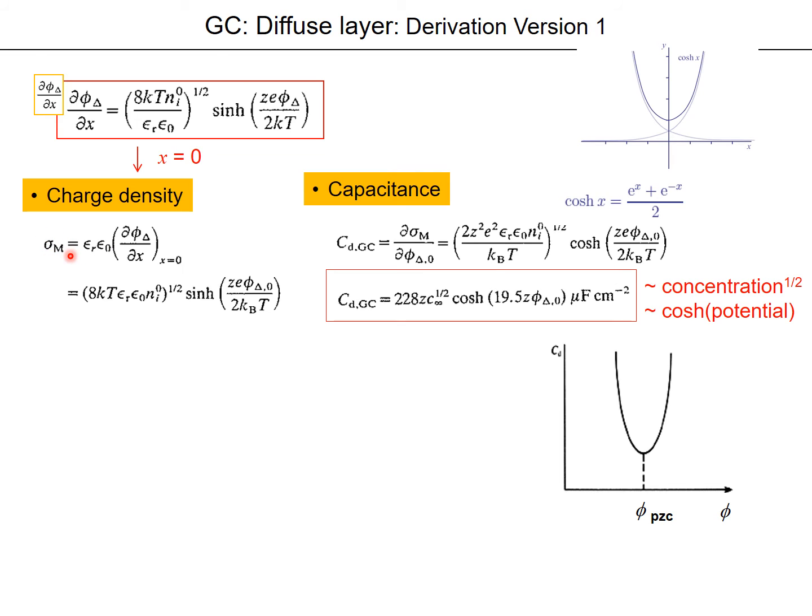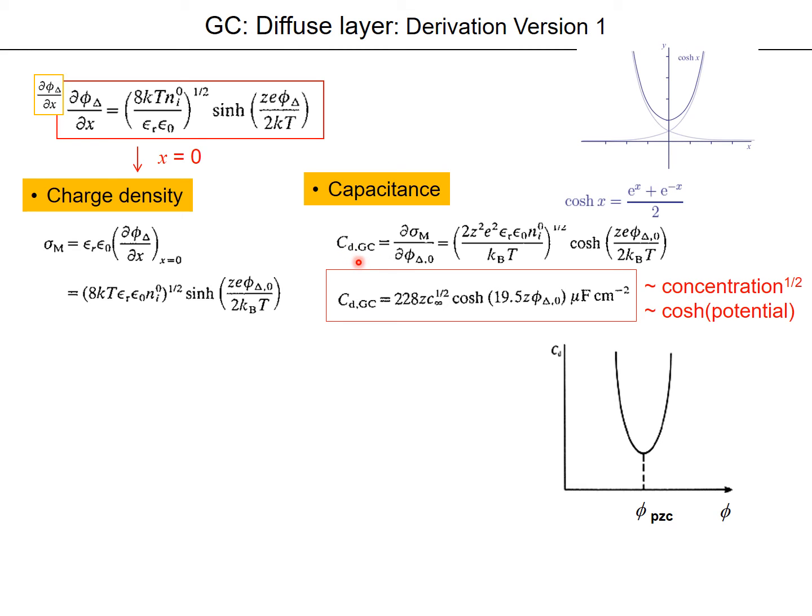So it follows the hyperbolic sine still, and then the first derivative of the excess charge of the metal plate with respect to the potential finally gives the capacitance. C is capacitance, D is for diffuse layer, and GC is the Gouy-Chapman model.